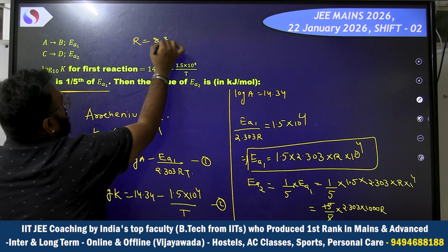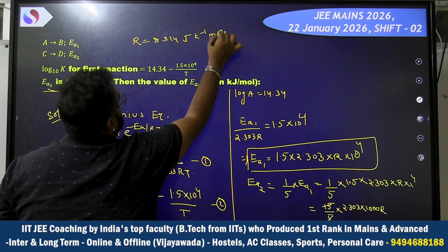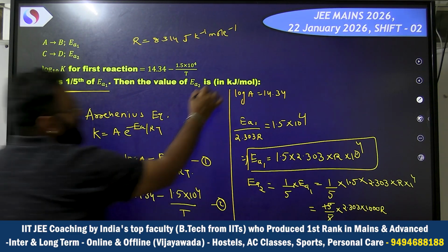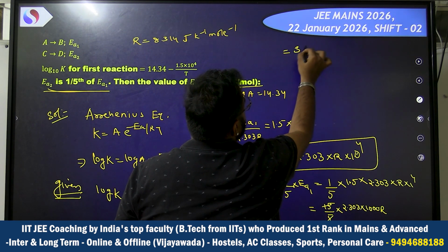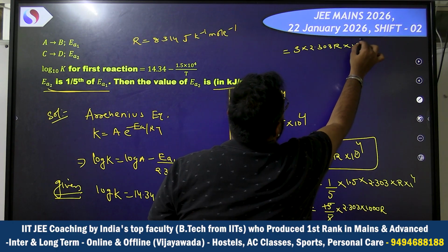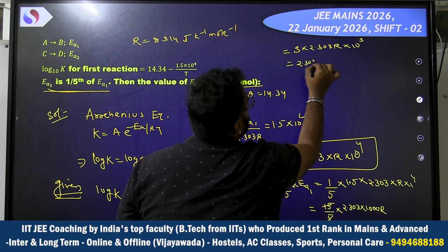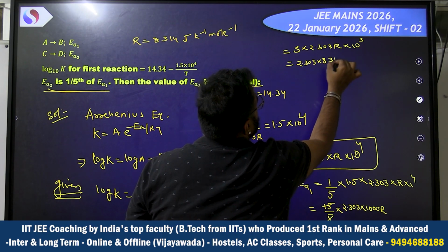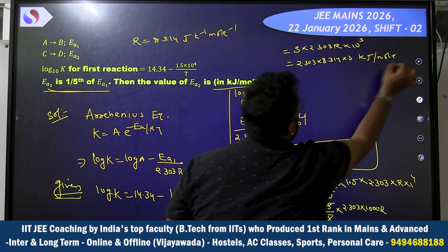Now keep the value of R, which will be 8.314 joule per kelvin per mole. The answer is asked in kilojoule per mole. So I can write this as 3 into 2.303 R into 10 to the power 3, that means 2.303 into 8.314 into 3 kilojoule per mole.